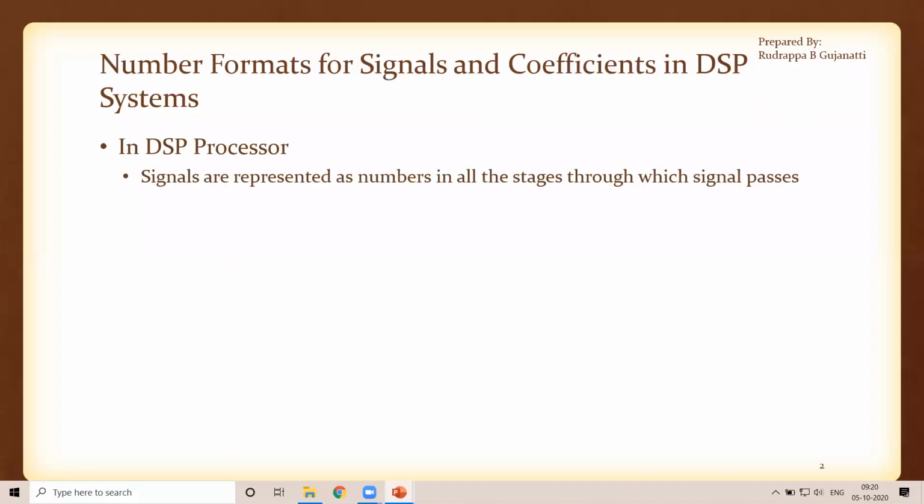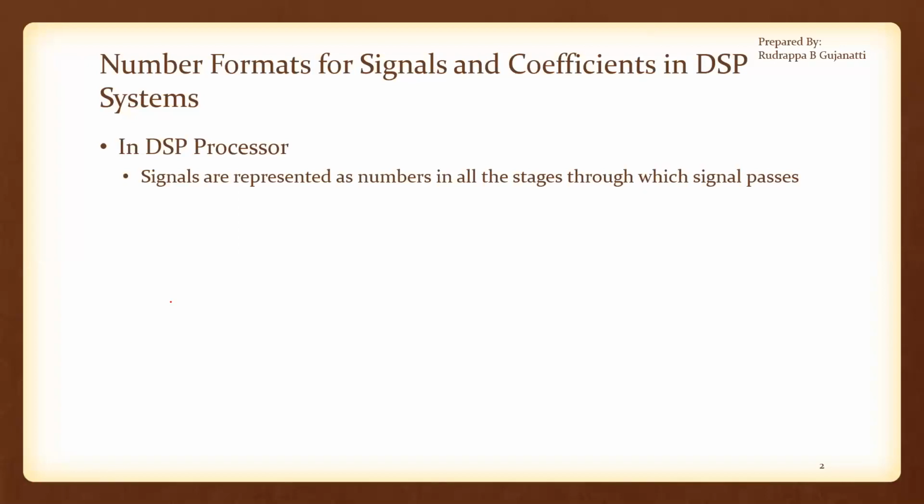In a DSP processor, a signal is represented in a different format depending on what format you are following. If you're following a fixed point format, the signal is represented one way; if you're following a floating point format, it is represented another way.